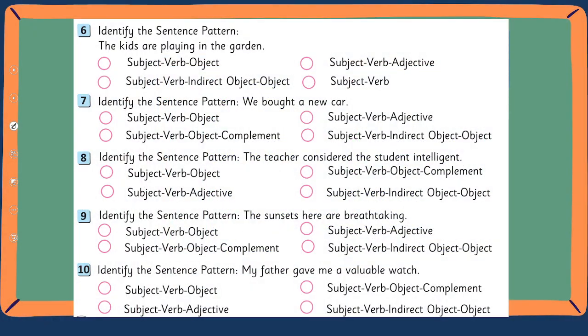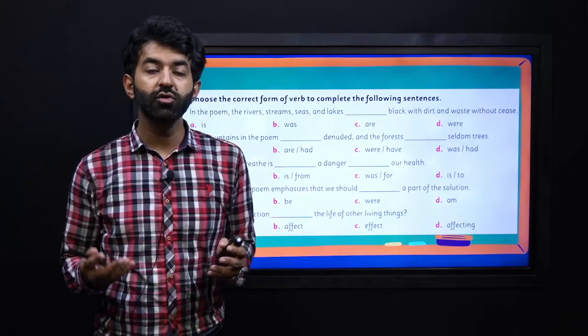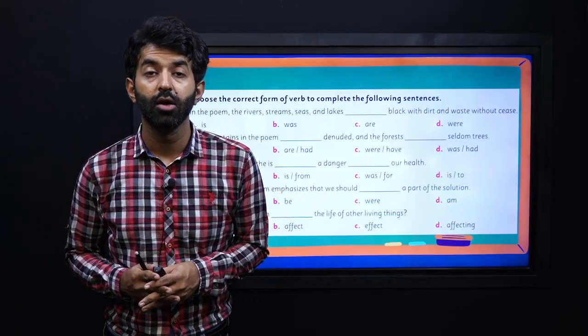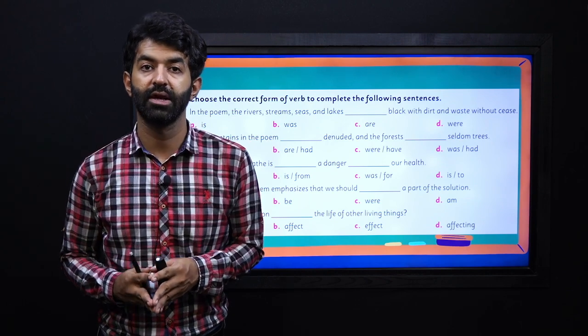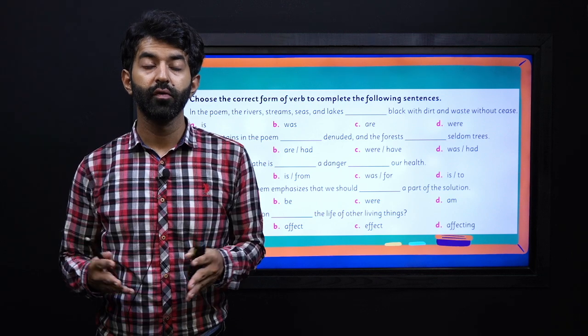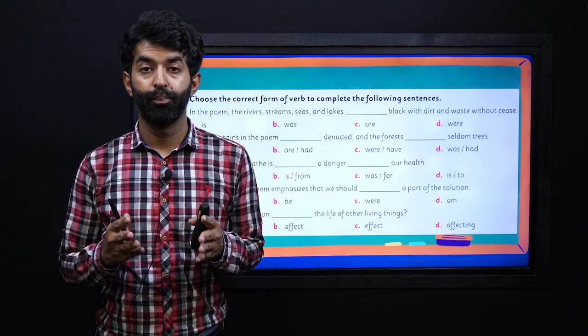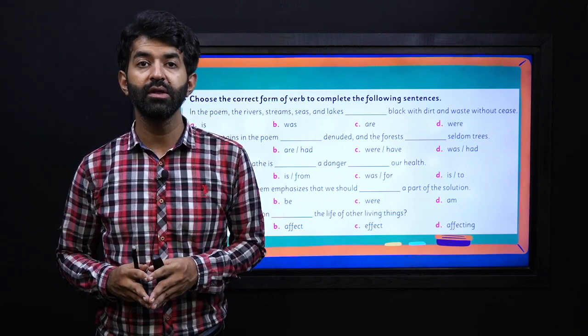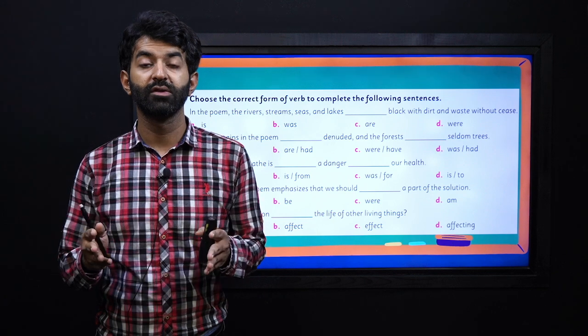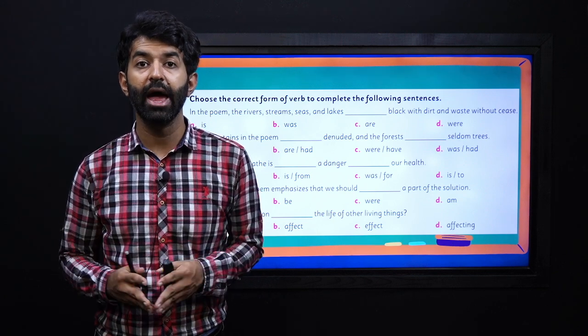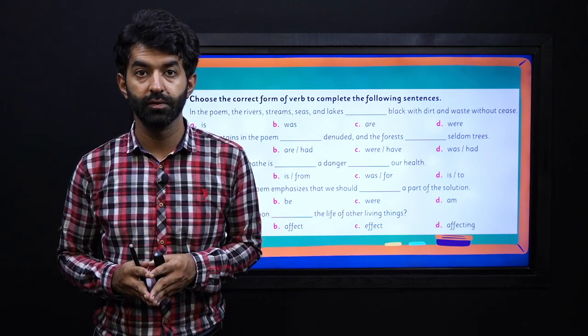Now, these are 10 of them. And now students, I hope that you are very well aware that we are going to cover tenses in this lesson as well. And you know that there are present, past and perfect tenses with variations like present simple, present perfect, continuous and perfect continuous.